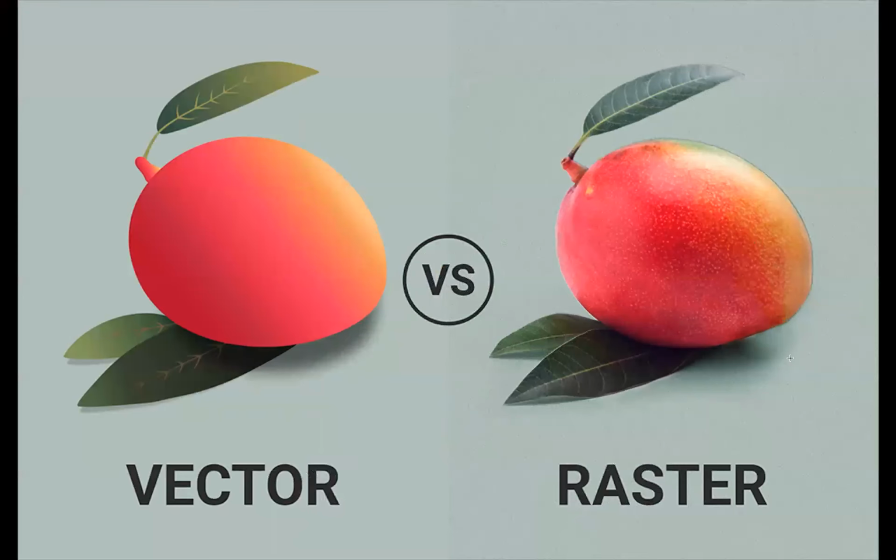So raster is another word for pixel. And you can see that with this, we get the appearance of reality, right? It's a lot closer to realism. It looks like a photograph. There's a lot more highlights, shadows, all of that. Versus a vector, you can still get a gradient, but if you zoom in, all these are just points on a lot of different lines.